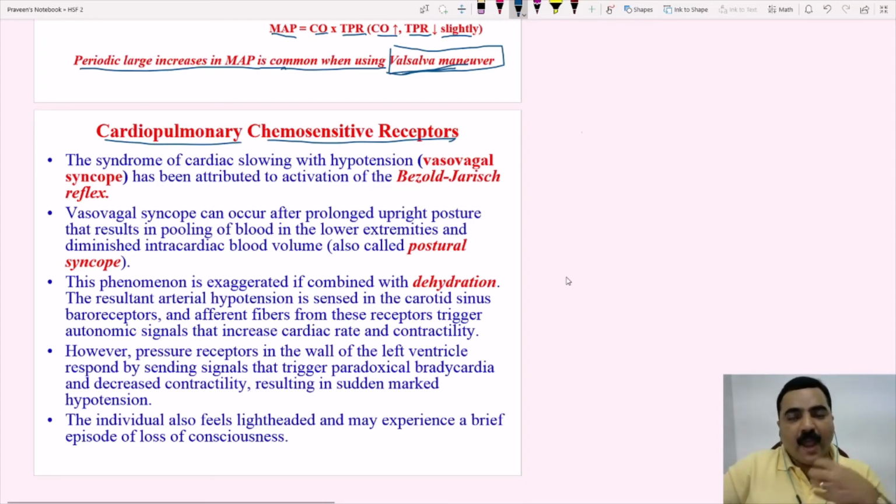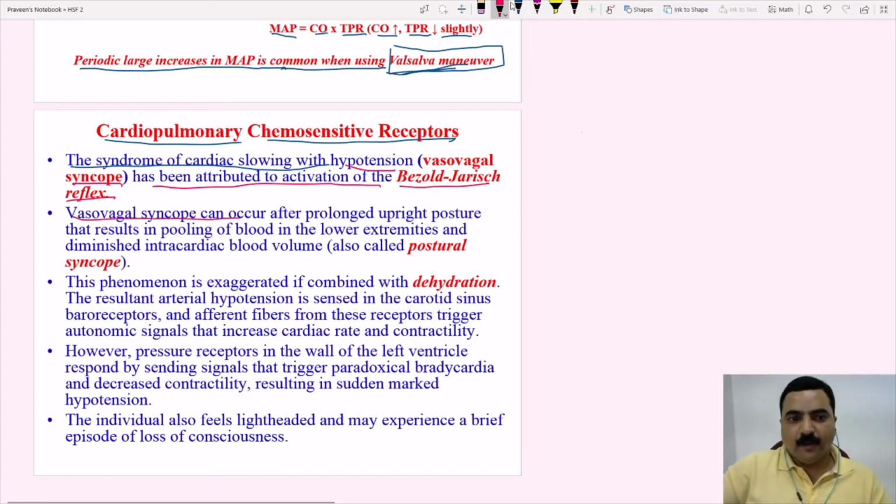The vagal reflex will be initiated, the vagal tone to the heart will be increased, and if the vagal tone to the heart is increased, what will happen? The heart rate will go down. So the syndrome of cardiac slowing with hypotension is called vasovagal syncope. The person will faint. It has been attributed to the activation of a reflex called the Bezold-Jarisch reflex. Okay, let's see what that is.